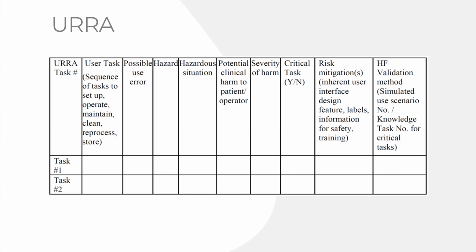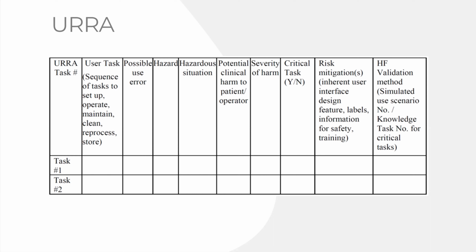If there's a specific hazard associated with that or a hazardous situation, and then identify what is the potential harm to the user or the patient, the severity of that harm. And when you've done all that, then at the very end of the process, you identify which of these tasks that you've identified from all the way from storage to disposal, which ones of those have the potential for harm, and those are critical tasks.